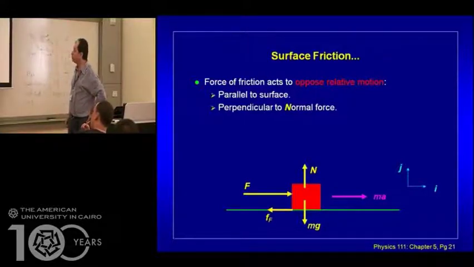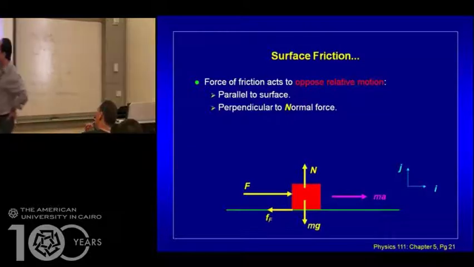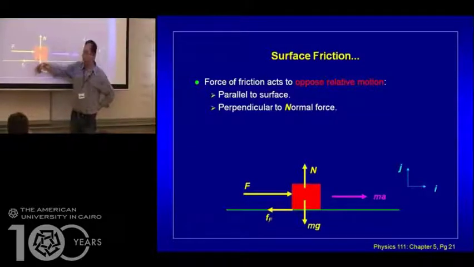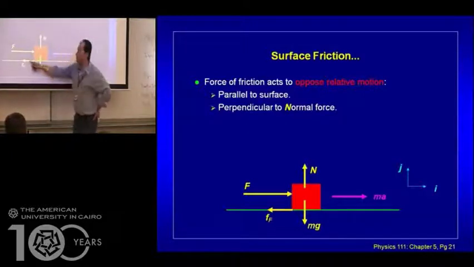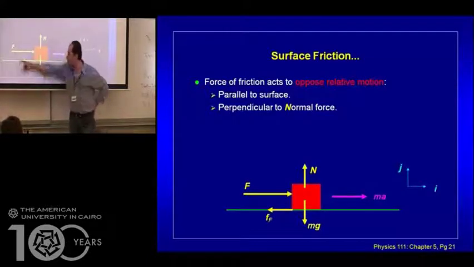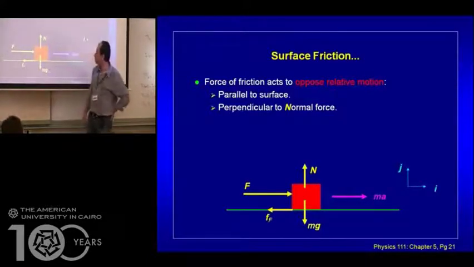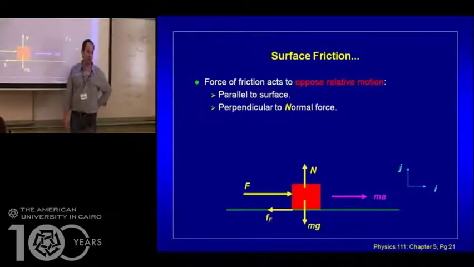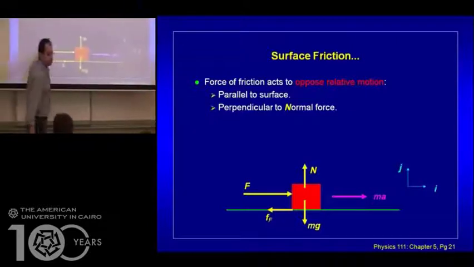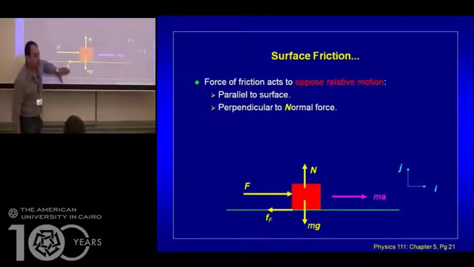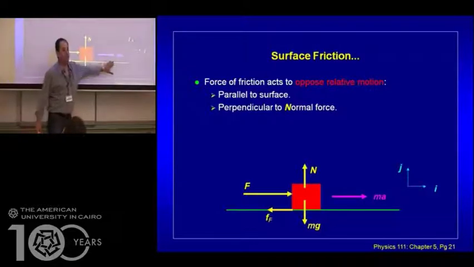So if we draw the free body diagram, you get mg down, gravitational force down, normal force from the surface on the object up, that's the normal force. The force F that we push the object with is to the right. Friction force is opposite to the direction of the motion, it's to the left, and it's between those two surfaces. And now if we apply Newton's second law along the x-axis, you get F minus the friction force equals mass times acceleration.